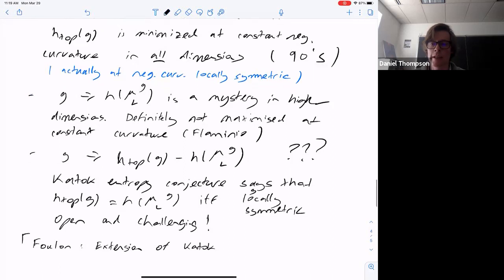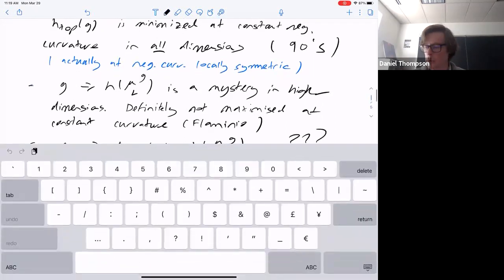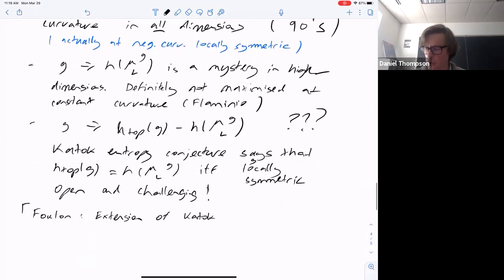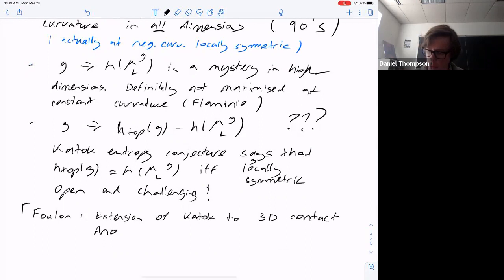I can't remember whether he gets the whole thing or just the Besson-Courtois-Gallo part, to 3-dimensional contact flows, whatever they are. I won't tell you quite what that is, but the 3 dimensions is key.